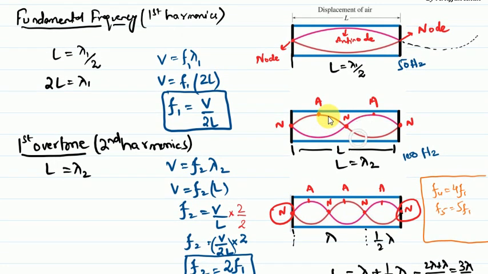If you make four harmonics or five harmonics, you will always find nodes at the ends, because the string is tied there. We will always observe nodes on the closed ends. These are called closed ends.